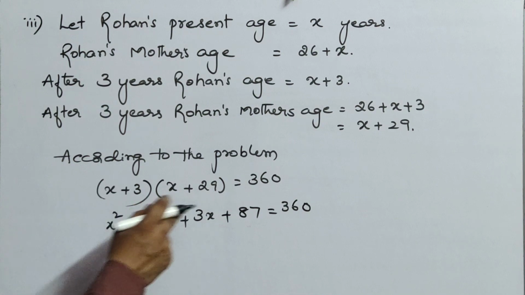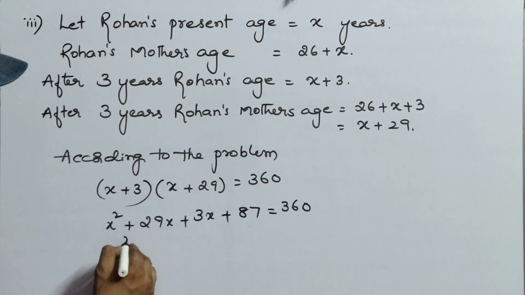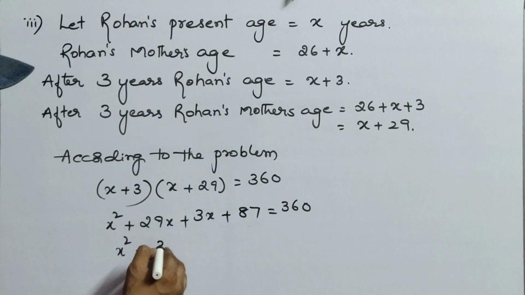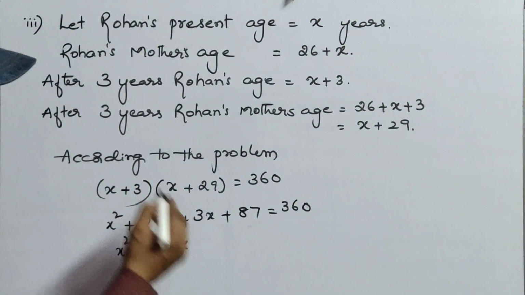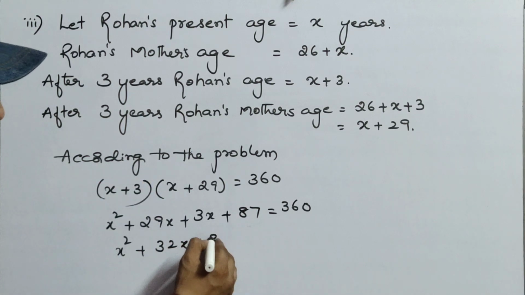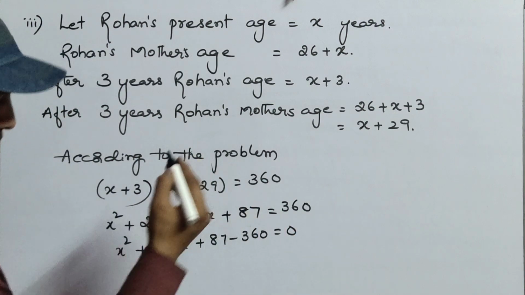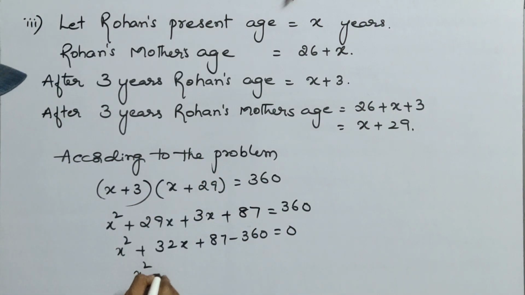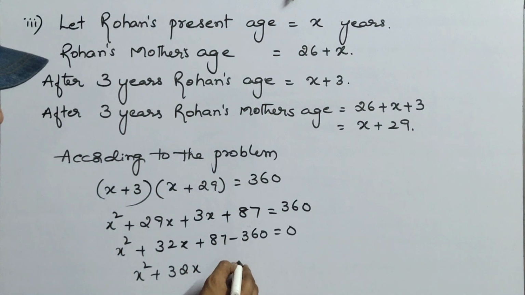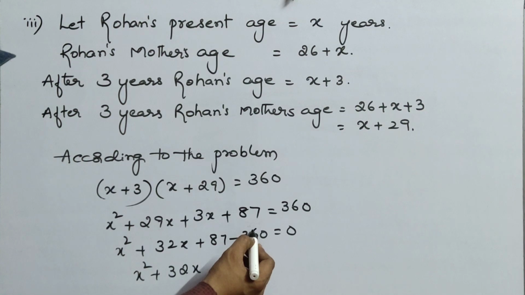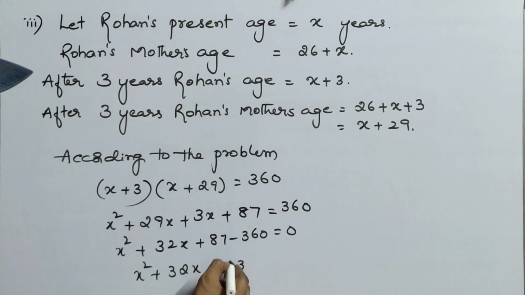Okay, x square plus 29x plus 3x, 32x, plus 87 minus 360 equals 0. x square plus 32x. Now 1 plus 1 minus means subtraction. So 10 minus 7, 3. Here you borrowed 1. So 5 minus 8, 7.